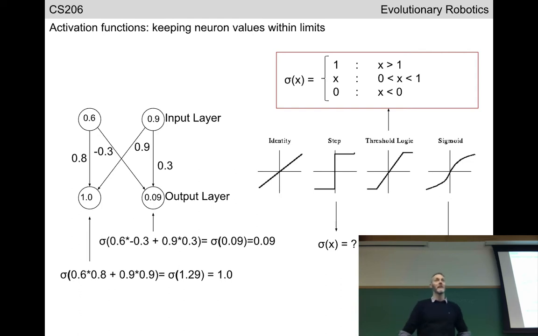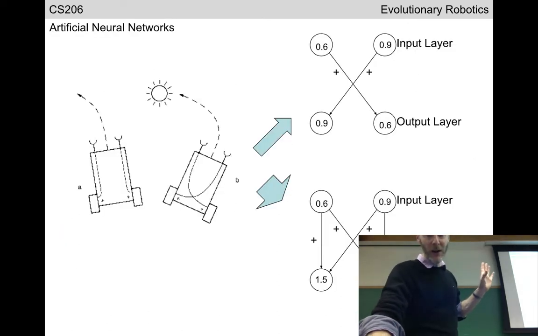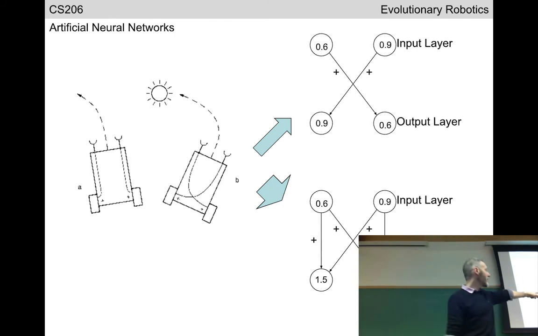Question? What is the point of that? We want to make sure that they all have about the same range, and there are several reasons. One of the reasons is that remember that we're going to send the value of some of these neurons to the motors. They might say how fast we want the motor to spin, or how quickly we want two connected objects to rotate relative to one another.